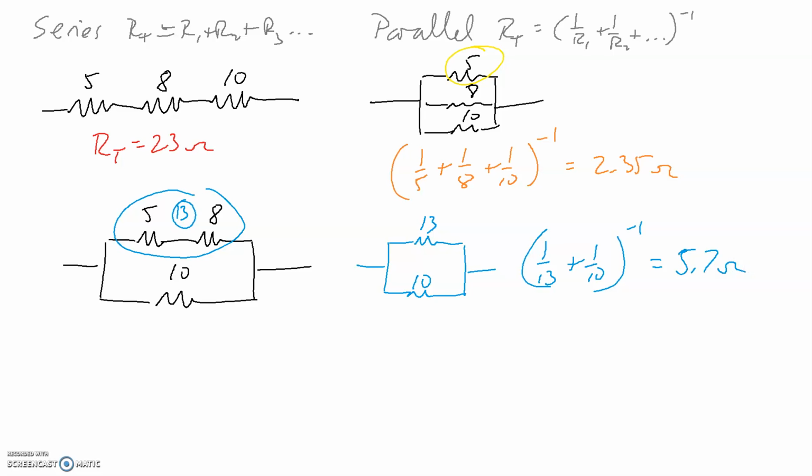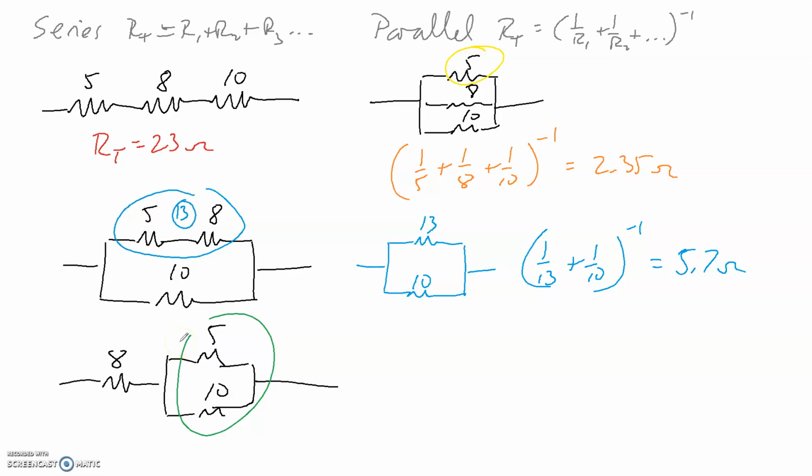Okay, what if instead those three resistors looked something like this? Let's say this is the 5, there's the 10, and there's the 8. In this case, I'd want to put the 5 and the 10 together first, and they're in parallel with each other. So I do 1 over 5 plus 1 over 10, add that up and then take the inverse of it, and I can find the equivalent resistance of just those two resistors put together.